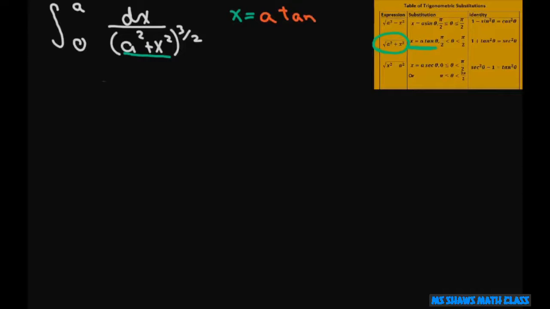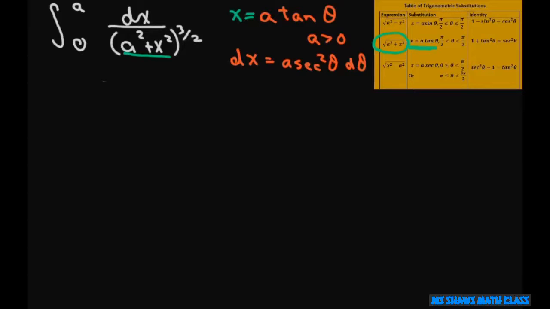tan of theta, and we know that a is positive, and therefore our derivative of x is going to equal a secant squared of theta d theta.